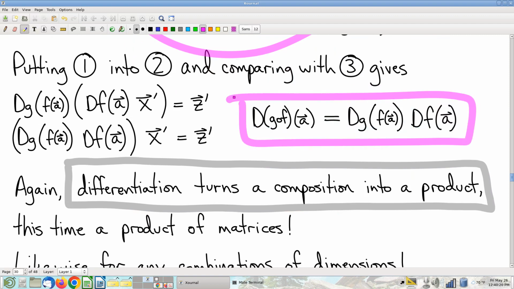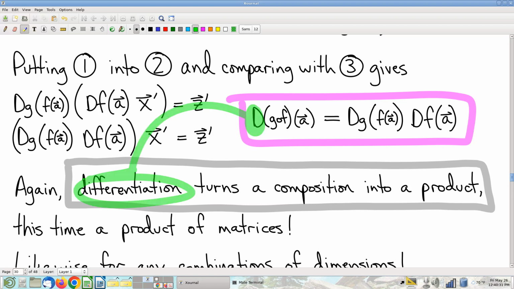What this says right here, let me highlight actually, I'll do it like this. Differentiation turns a composition into a product.